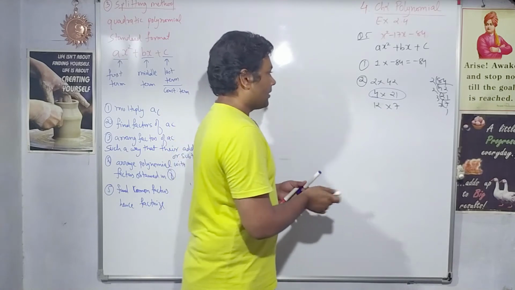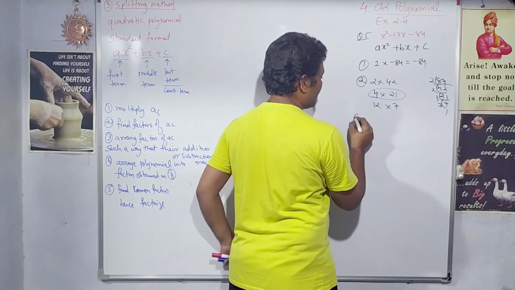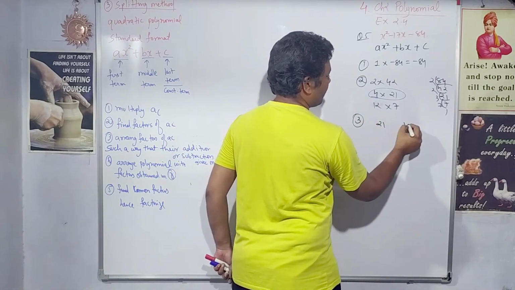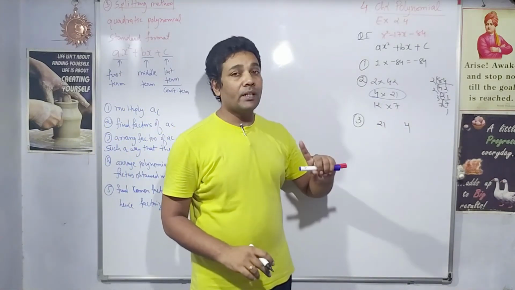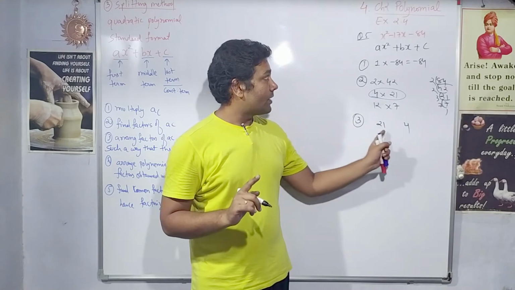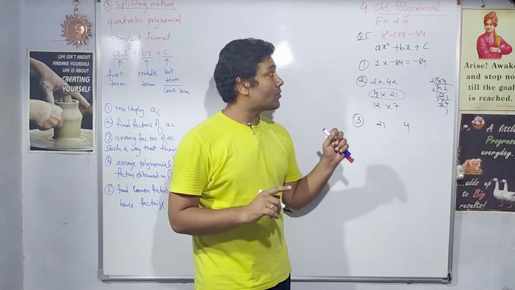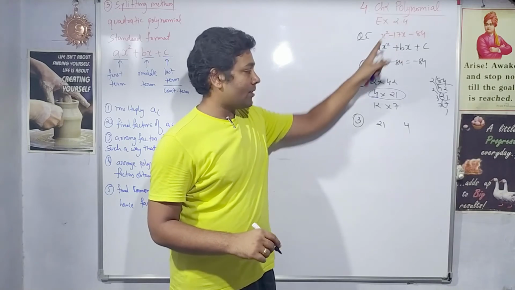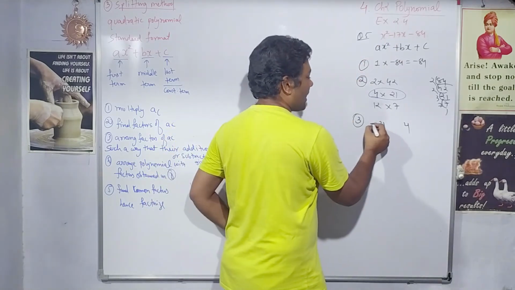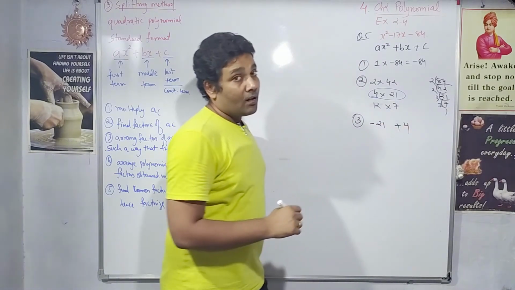So let me start the rearrangement. 21 and 4. I have to carry out subtraction. That means one should be positive and one should be negative. Which one will have a positive sign and which one a negative sign? Here the number has a negative sign, so the bigger number will have a negative sign and the smaller number will have a positive sign.